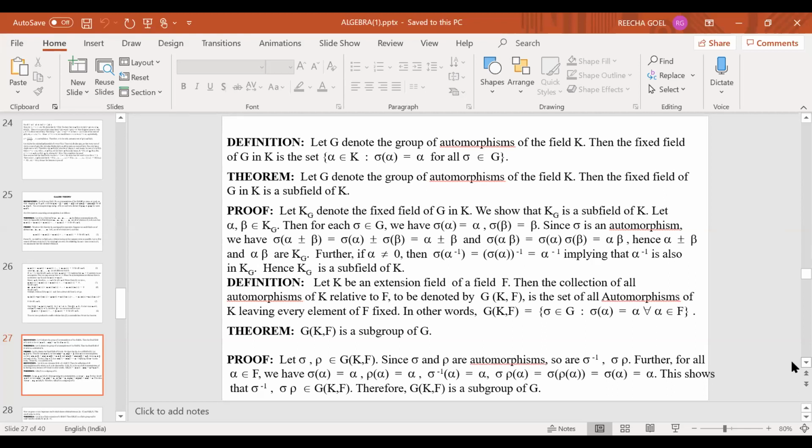Maybe some more elements of K are also there, but it leaves every element of F fixed. Because it is a subcollection of the group of automorphisms, let us see the nature of this G(K,F). And we claim that G(K,F) is a subgroup of G. So we have to prove this subgroup property.